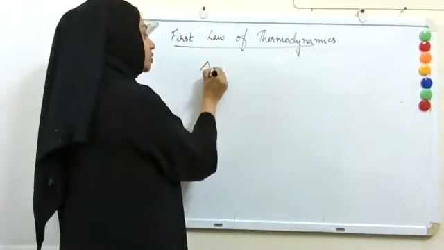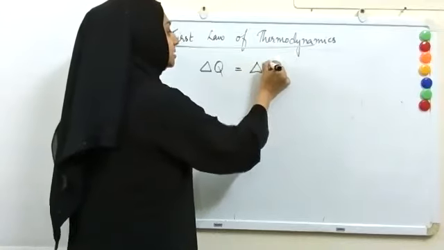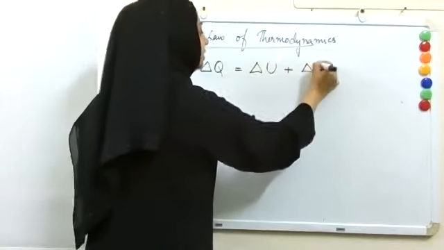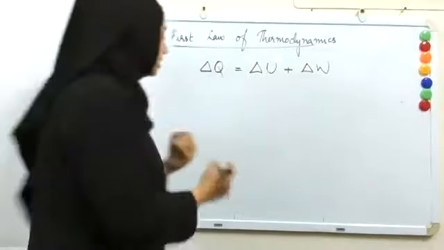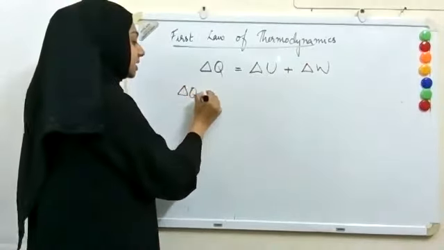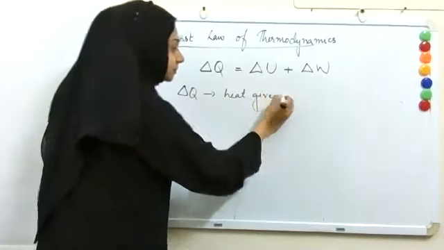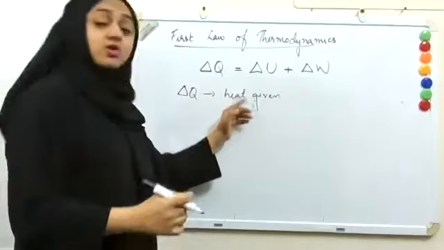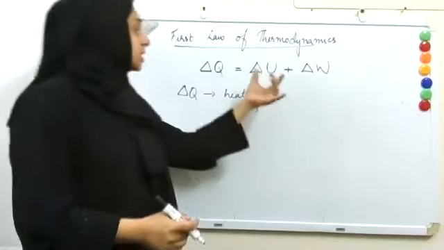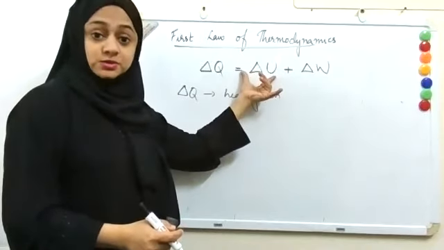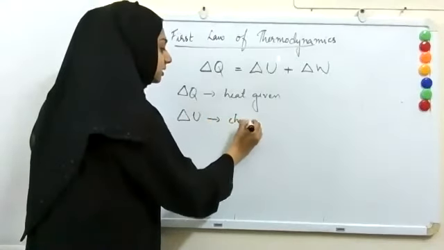In equation form, you can express it as delta Q is equal to delta U plus delta W, where delta Q is the amount of heat given to a system. What happens when we give heat to the system? Its internal energy will increase, right? So delta U is the change in internal energy.